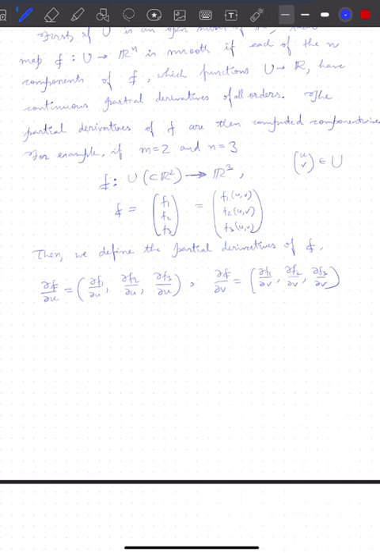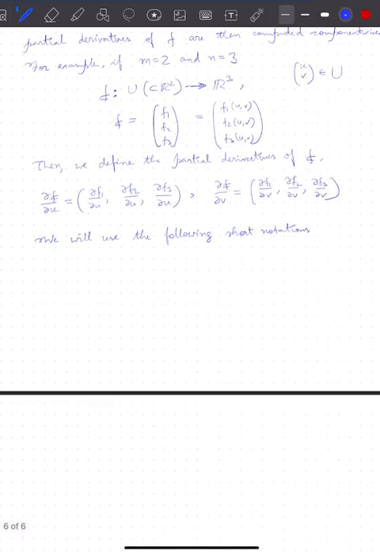Now we will often use the following short notations. Partial f vector by partial u we'll just call f vector with u as the subscript. Likewise partial f vector by partial v is f vector with v as a subscript.